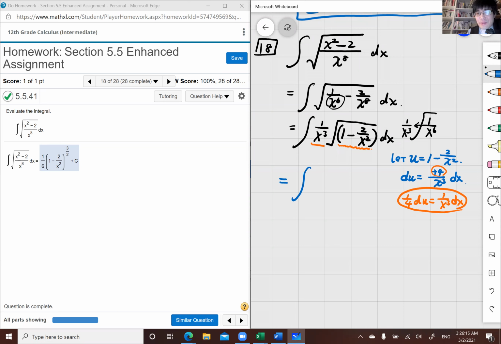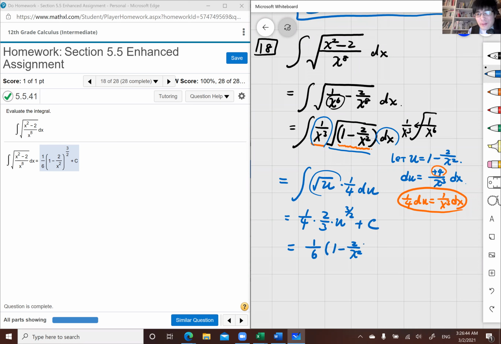After substituting, this is going to be square root of u, and the other part combined becomes 1/4 du. Now you can integrate this. You put 1/4 out, integrate this. It's going to be u to the 3/2 times 2/3. Simplify the expression. It's going to be 1 over 6. And put u back into x. So it's going to be 1 minus 2 over x squared to the power of 3/2 plus c.